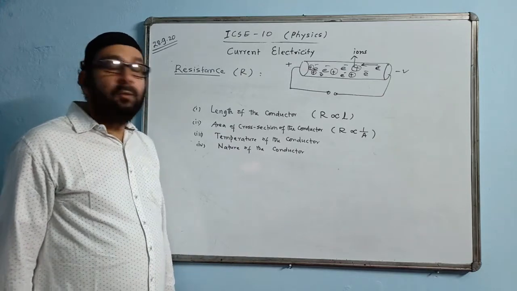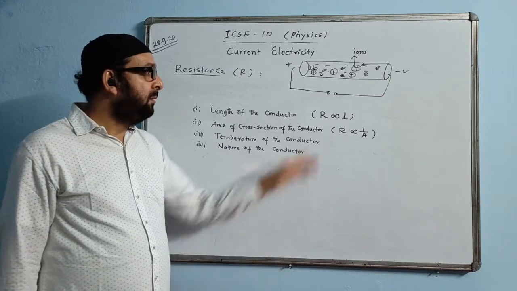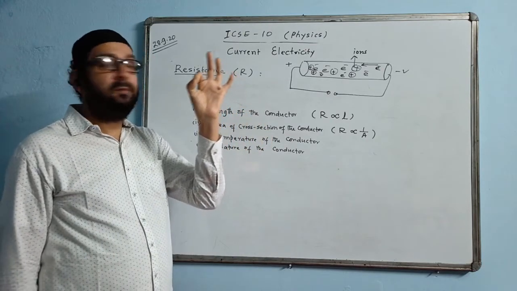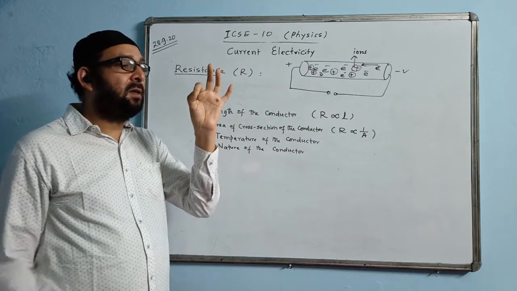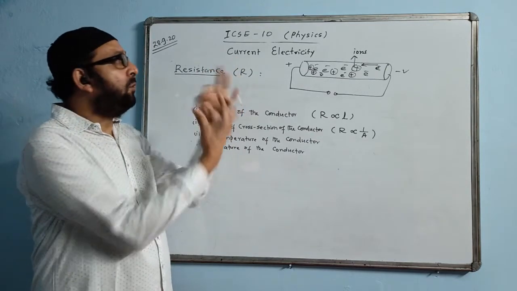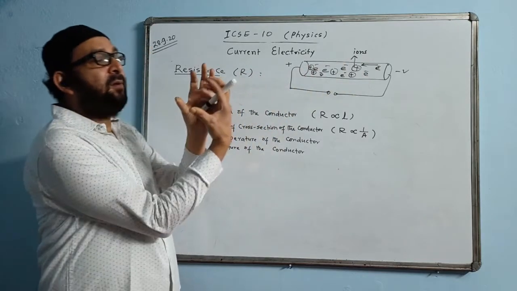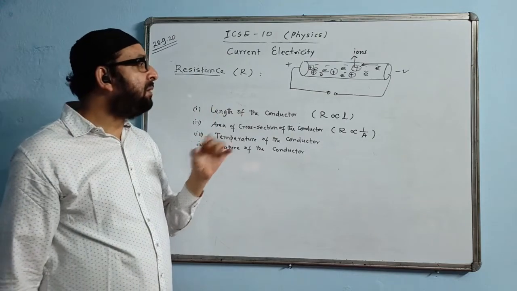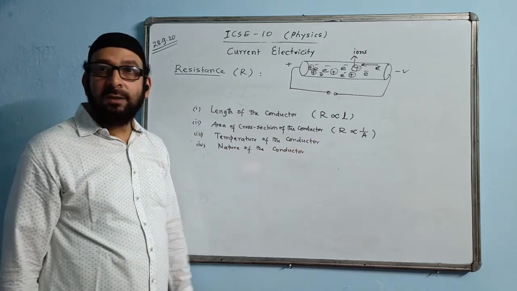Now, what is the logic behind? The logic is, suppose we have a conductor of more thickness and another conductor of less thickness. If the thickness is more, the gap between the positive ions and electrons will be more. The number of collisions will be less. If the number of collisions is less, the resistance is also less.